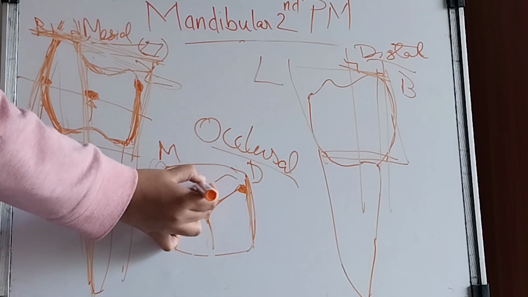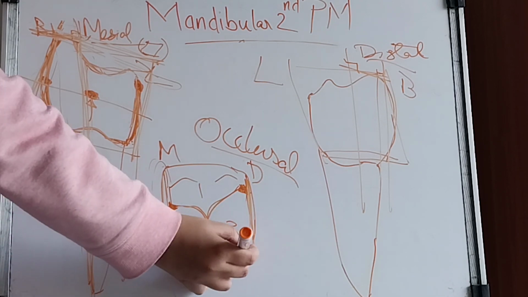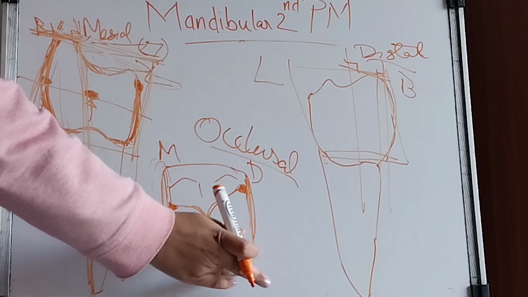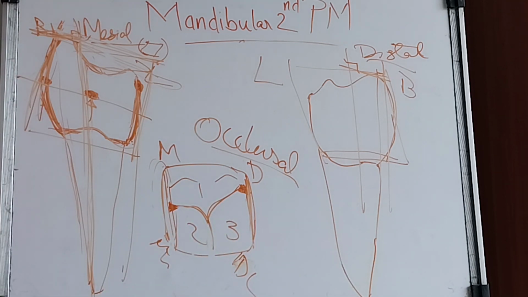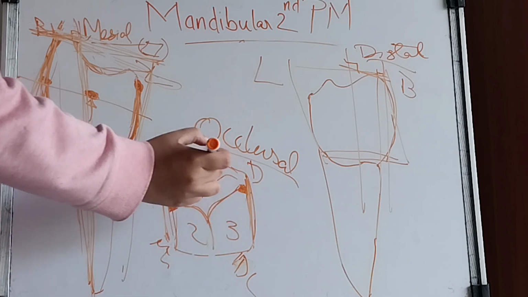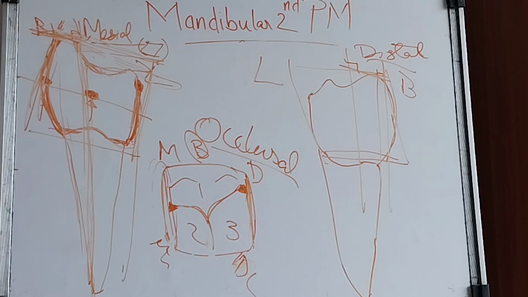You can see 1, 2 and 3: the mesiolingual, distolingual cusp, and the buccal cusp, the bulk. So this is the Y-shaped groove pattern. This is more common, and there are also U-shape and H-shape groove patterns.